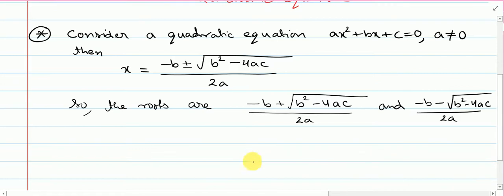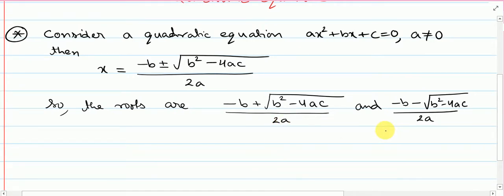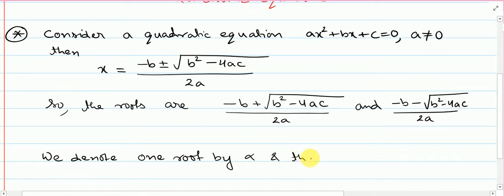Now what we will do is, we will denote these roots, okay, by alpha and beta. So we denote one root by alpha and the other by beta.